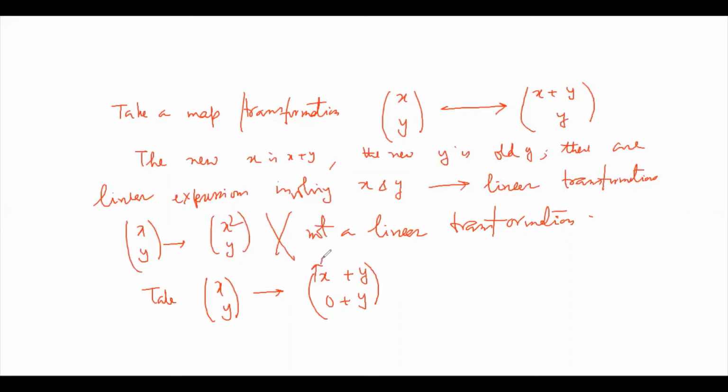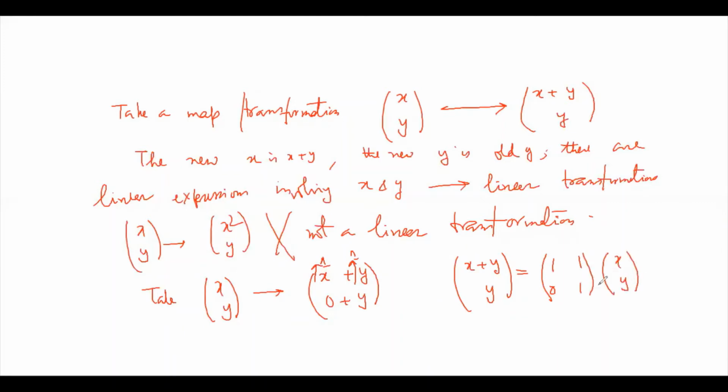Here this is 1, this coefficient is 1, this is 0. So we'll write that x plus y is equal to, just take the coefficients of x and y, 1 1 0 1 xy.